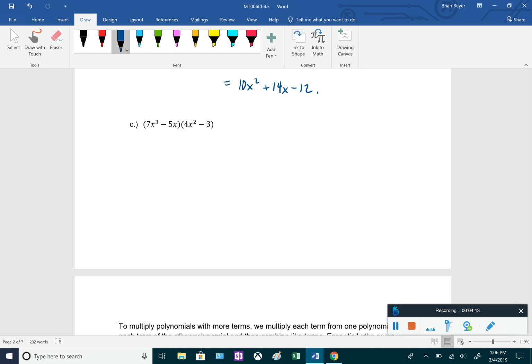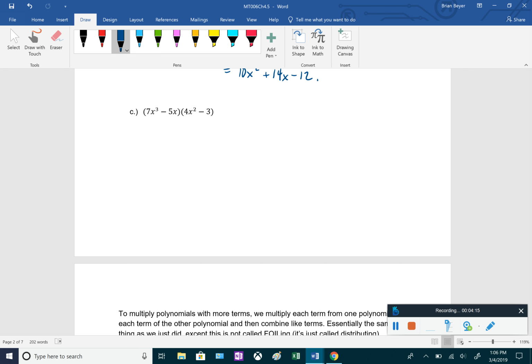And last one here, we have 7x cubed minus 5x times 4x squared minus 3. So we have to distribute the 7x cubed, and then we have to distribute the negative 5x. So 7x cubed times 4x squared is going to give us 28x to the 5th. 7x cubed times negative 3, so minus 21x cubed.